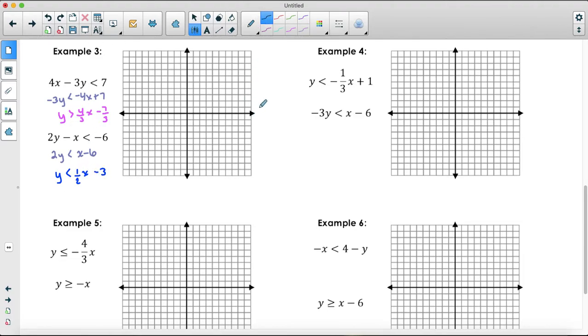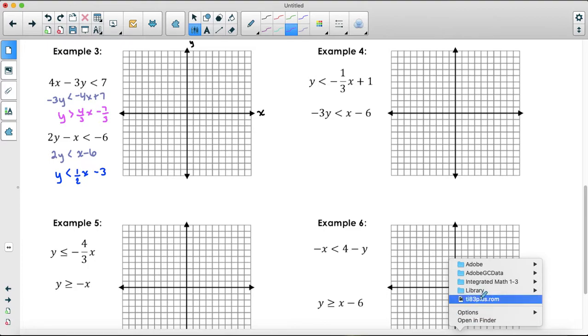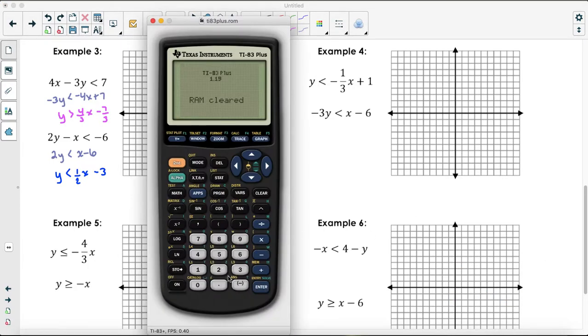So now let's graph. Our pink inequality starts at negative 7/3, which you can get as a decimal.